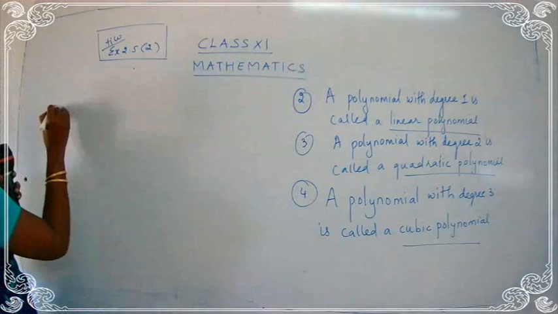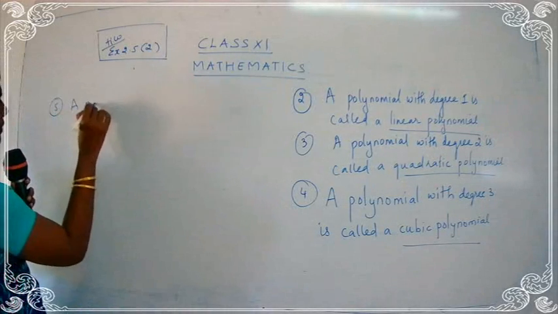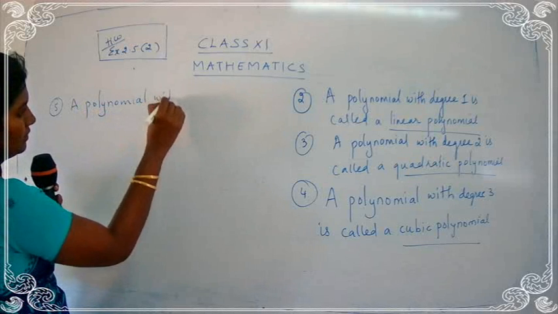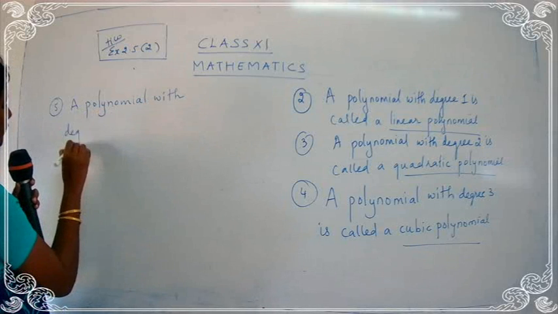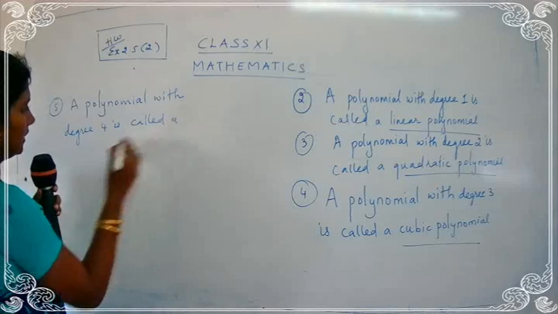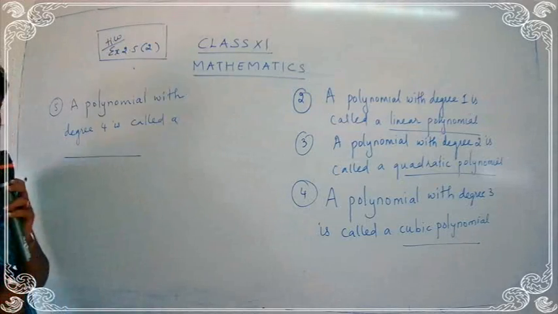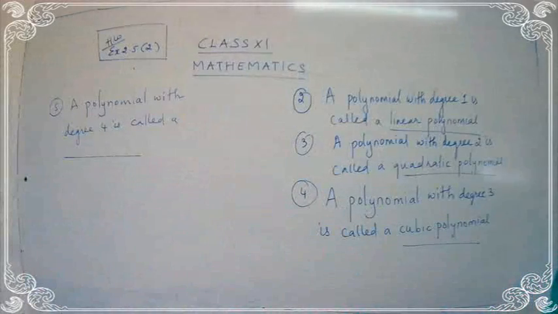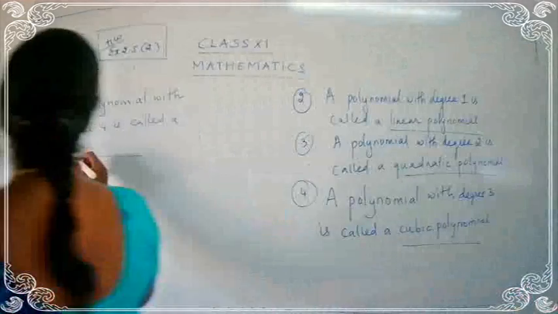Point number 5. A polynomial with degree 4 is called what? A quartic polynomial.